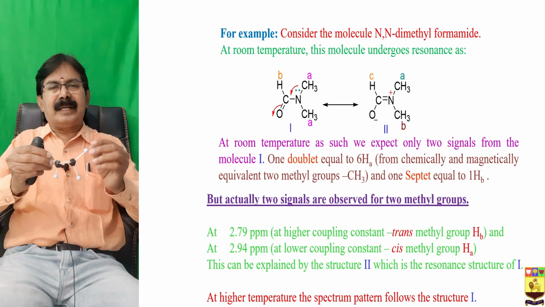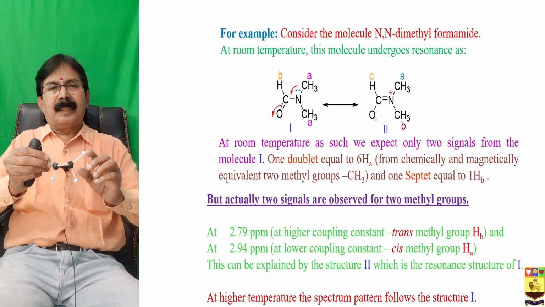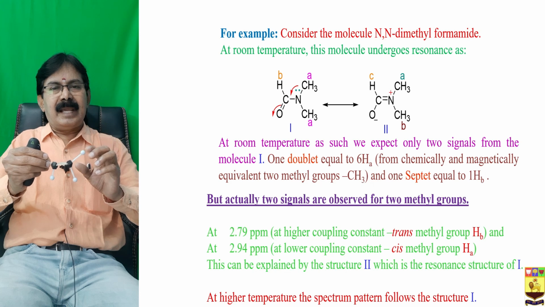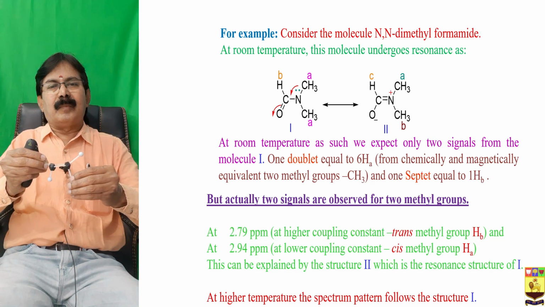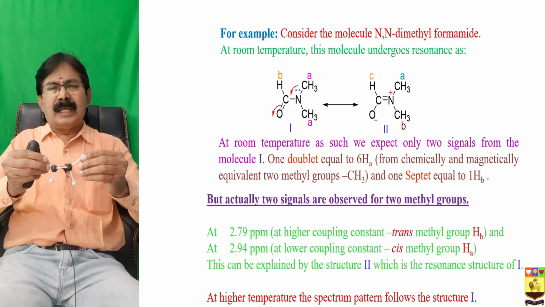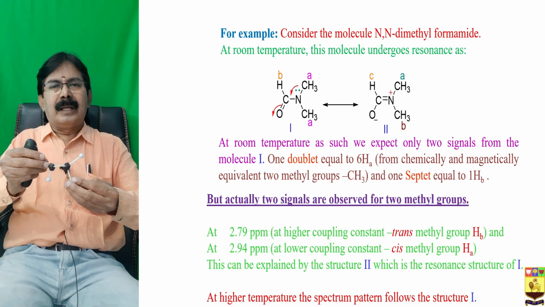Because of the restricted rotation, this methyl group cannot come to here, and that cannot come there. So we can call this CH3 proton A and this CH3 proton B, and we have separate signals for the A methyl protons and the B methyl protons. The HB, which is a trans methyl, appears at 2.79 ppm at higher coupling constant, because it is trans.